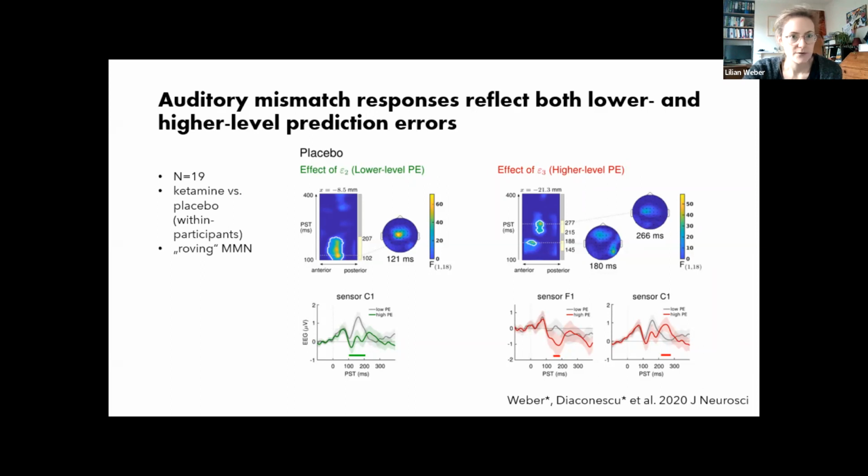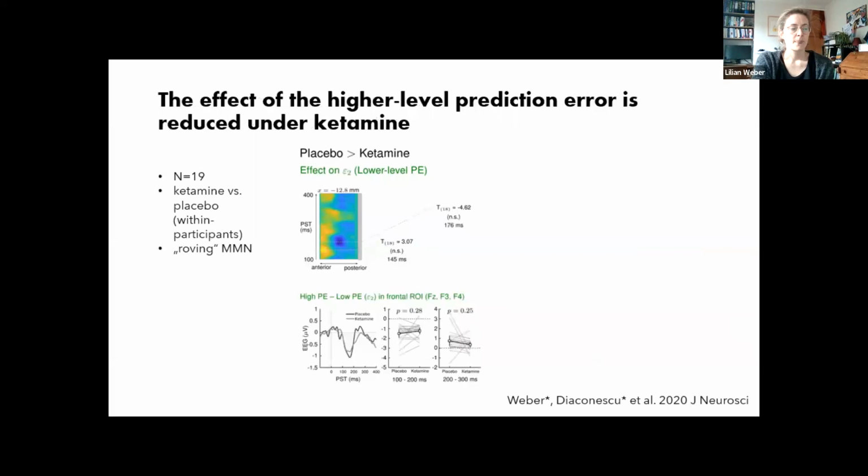And then when we compared these results to what we saw under ketamine infusion, we found that ketamine did not significantly change the representation of the lower level prediction error. There were some trends, but it wasn't significant across whole sensor space, and also not significant when we focused on a region of interest in classical MMN sensors and time windows.